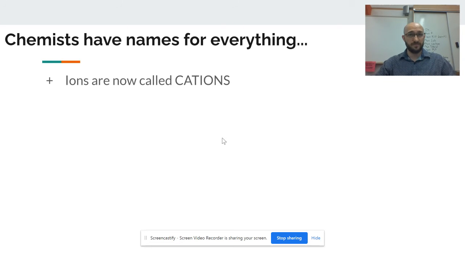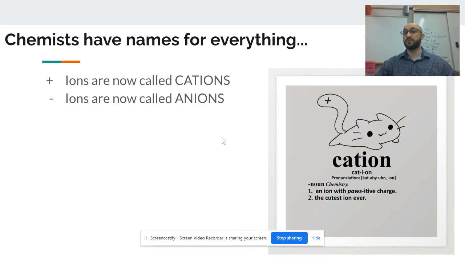We now have a new name for positive ions. We're going to call them cations. Negative ions are now going to be called anions. And here's a pretty picture to help you remember the difference. The cation has a positive charge. Oh, that's so cute and disgusting at the same time. But guaranteed, you're not going to forget now.